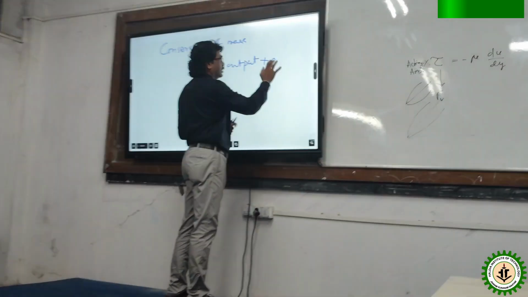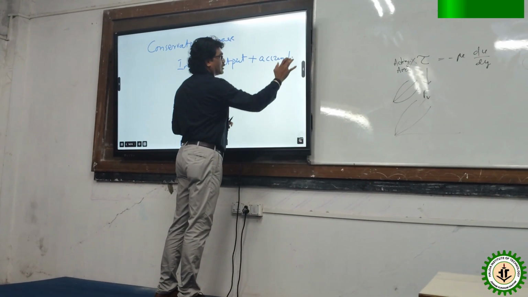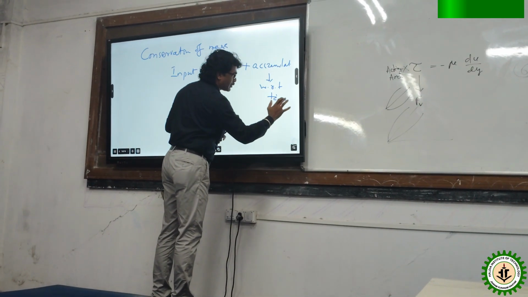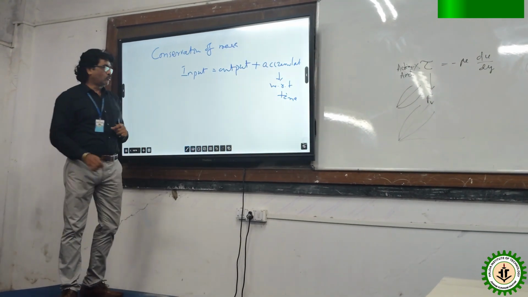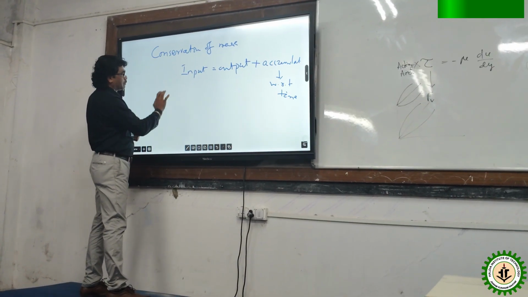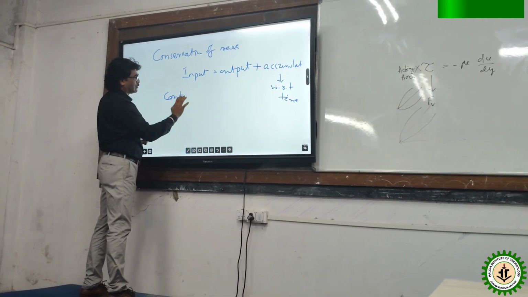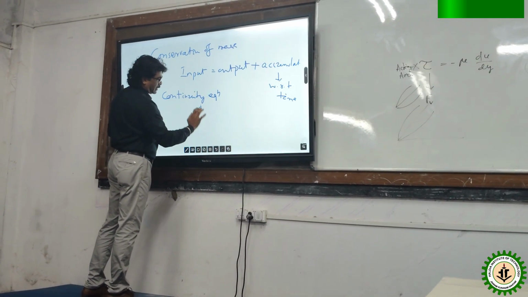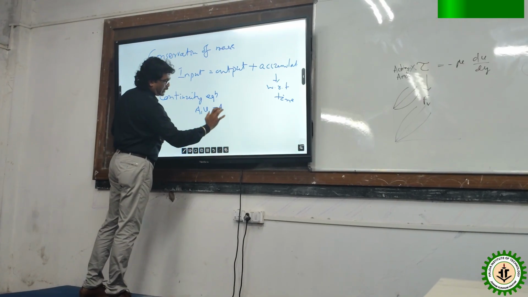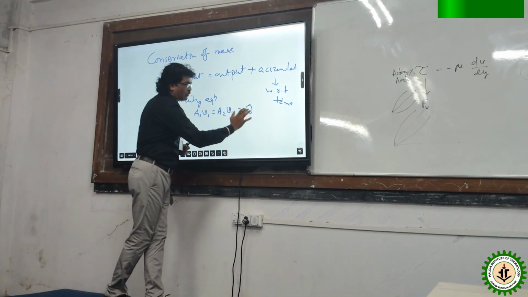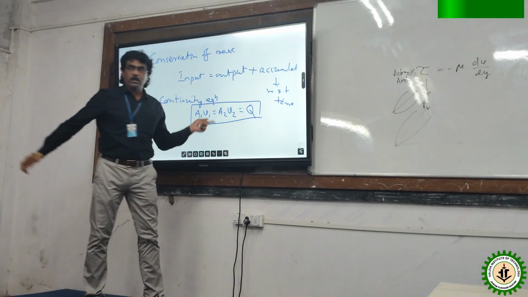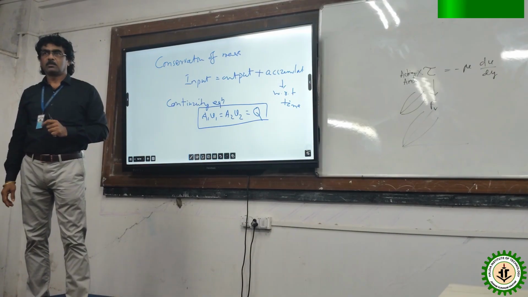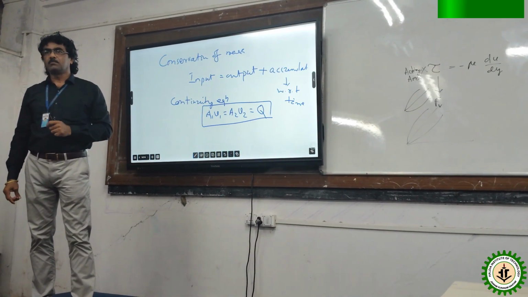But somewhere you will extend this equation with accumulation, that means with respect to time. A powerful equation, the continuity equation, will be derived from the conservation equation. That is A1 V1 is equal to A2 V2, which is your volumetric flow rate. This equation today I will derive and show you how to use.